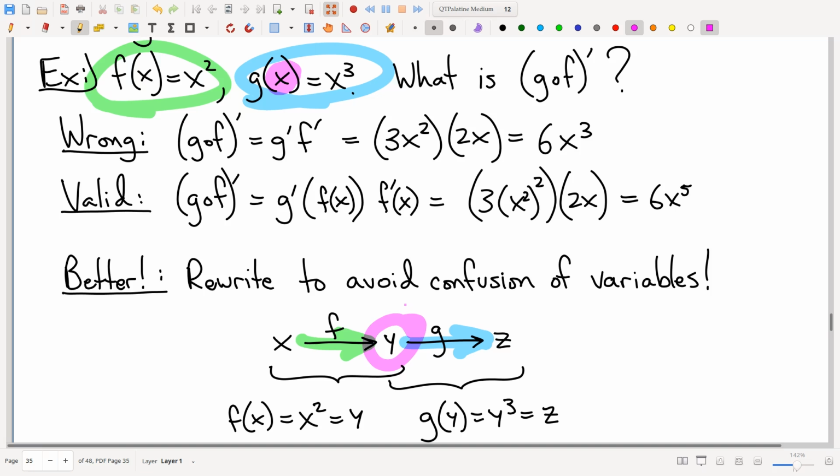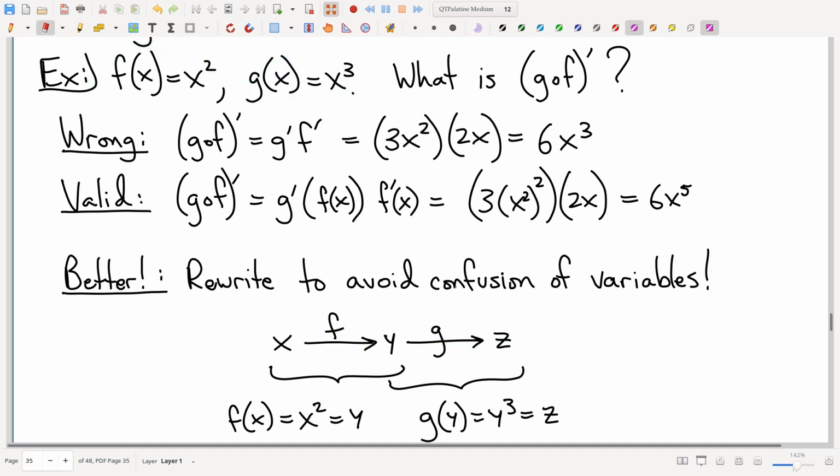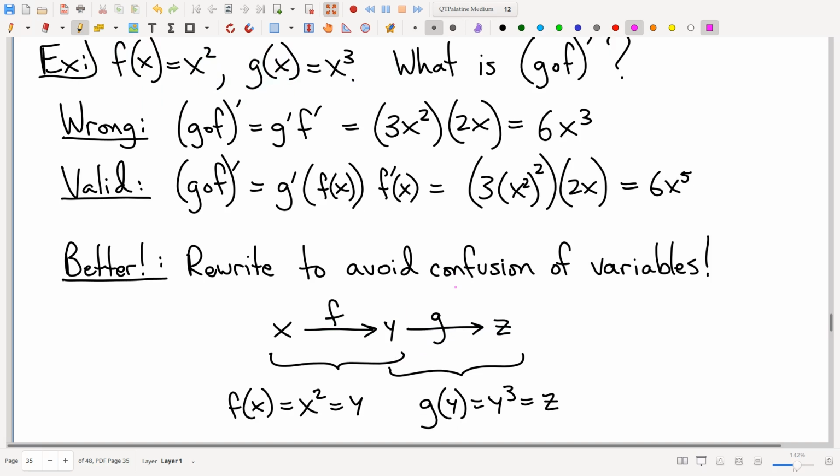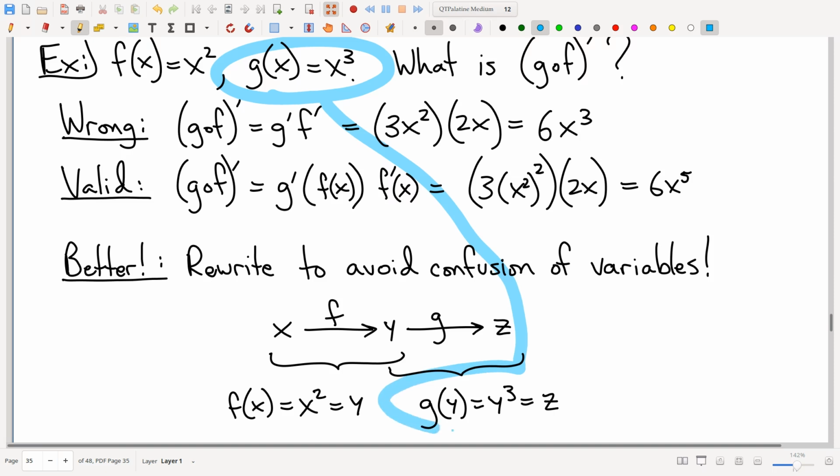So this is super easy to fix. All you've got to do is recognize that this is a bad choice and take this way of writing the g function and just rewrite it differently. Instead of writing g in terms of the dummy variable x, just rewrite it in terms of a different dummy variable, y.